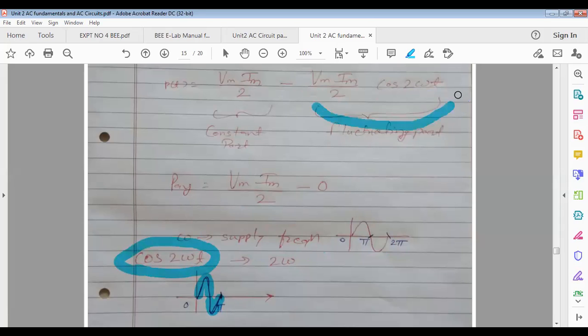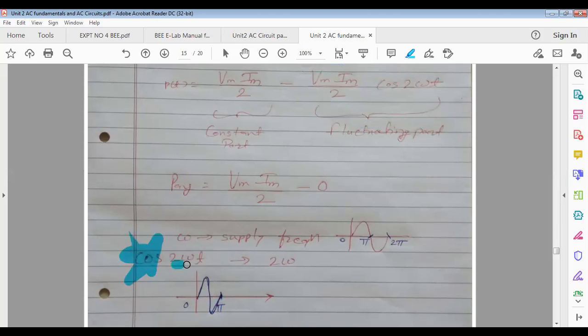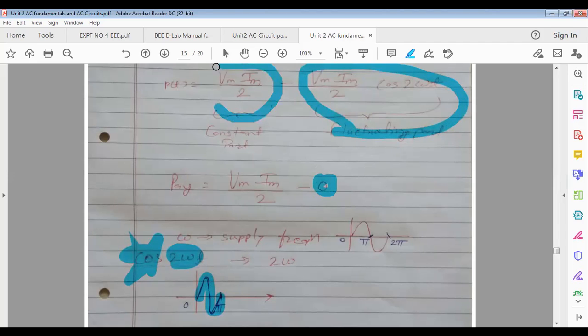That's why the average value of this fluctuating part will be 0. Okay, got it? Whatever I have plotted is not the exact cosine waveform, its nature is different. In general, for any waveform, its frequency is twice omega. What does it mean? From 0 to pi, it will complete one cycle. So the fluctuating part, its average value will be 0. And this is the constant part, its average value will be as it is.